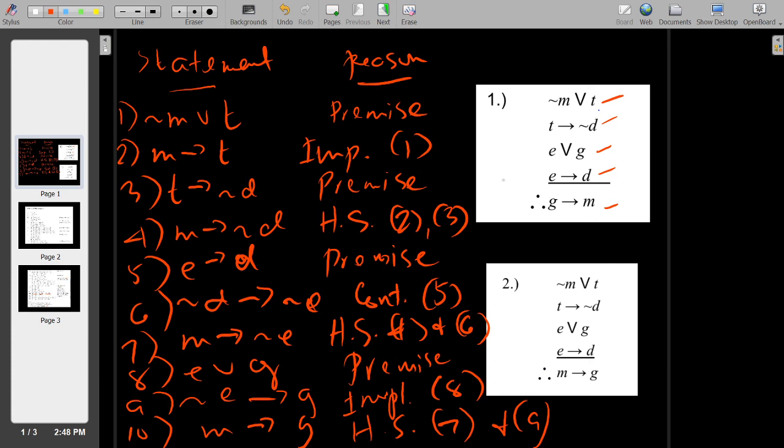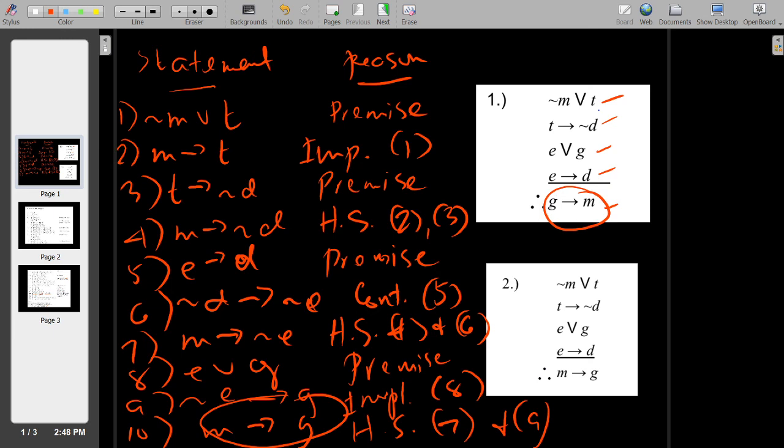If you notice, in the first item, our conclusion is G implies M. When we have our proof, the conclusion should have been M implies G, and this argument is not a valid argument because G implies M is not logically equivalent to M implies G. You call this the converse statement.